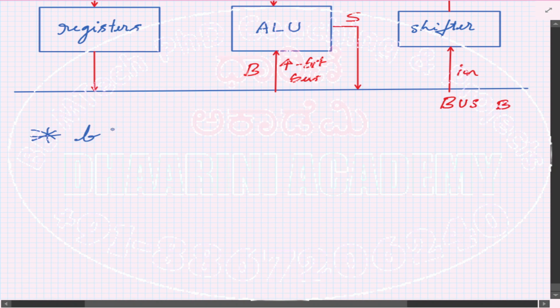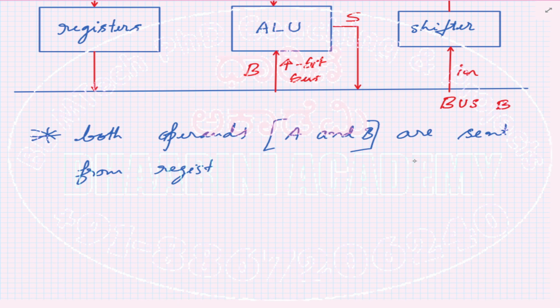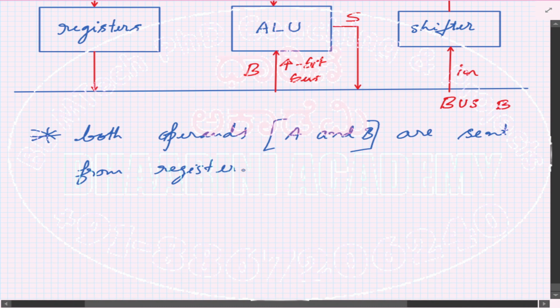All right, so that's the first point which we can write in this. Both operands, in this case I have taken example as A and B, both A and B operands are sent from registers to ALU. Directly they will come.